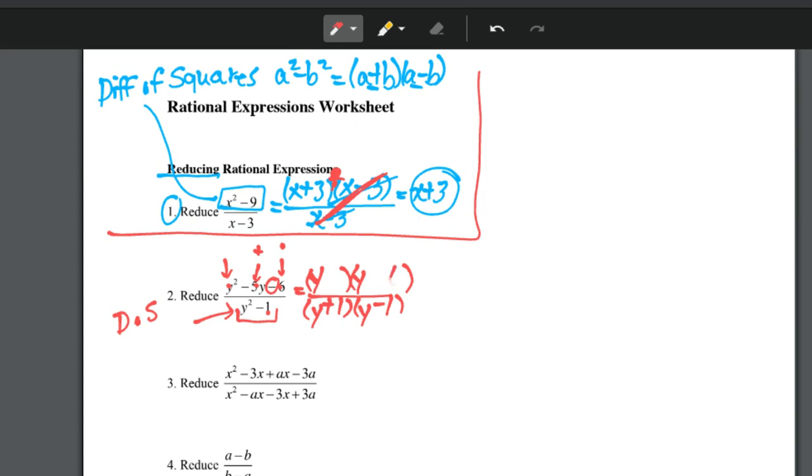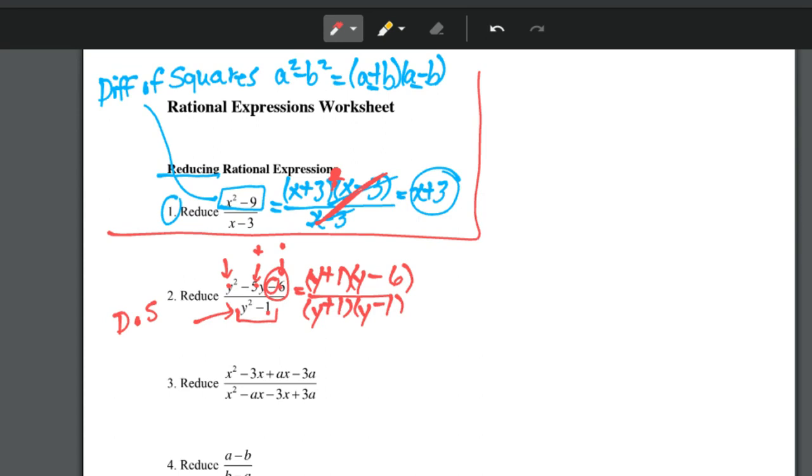How about 6 and 1? They need to add to be -5. So if I do -6 and +1, and I'm just checking, 1 times -6 is -6, and 1 plus -6 is -5. Okay, so now I've got the numerator factored.